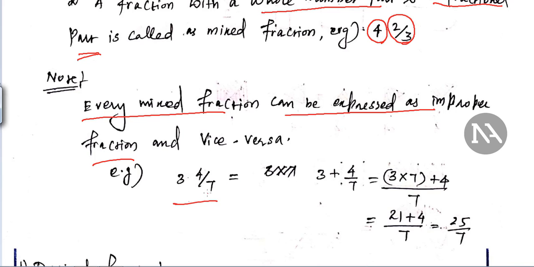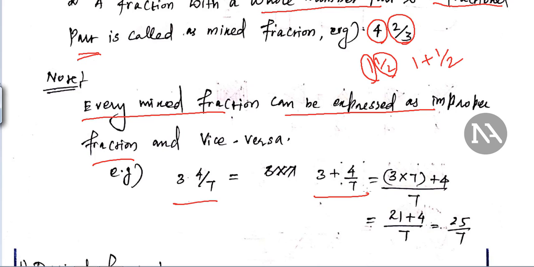So how will you convert it to an improper fraction? You can write this as 3 plus 4/7. Suppose I say 1.5: 1 is the complete whole part and half is the fractional part. You can write it as 1 plus half, that is 1.5, right?